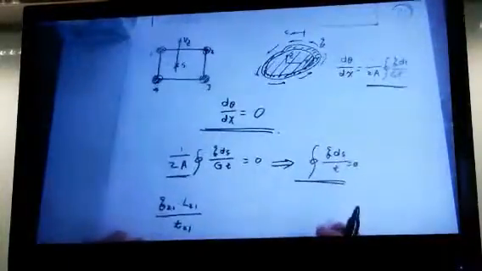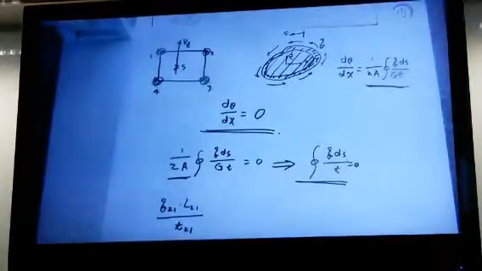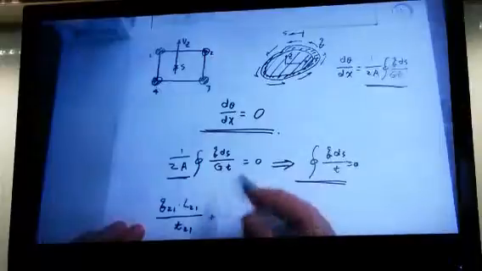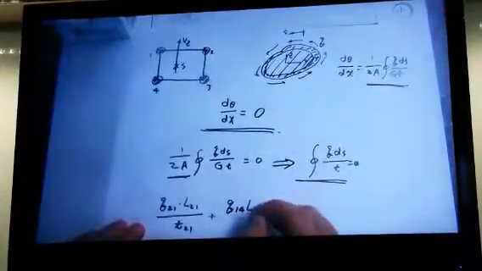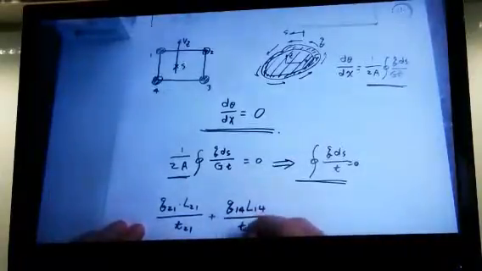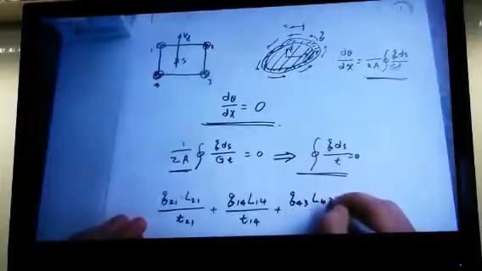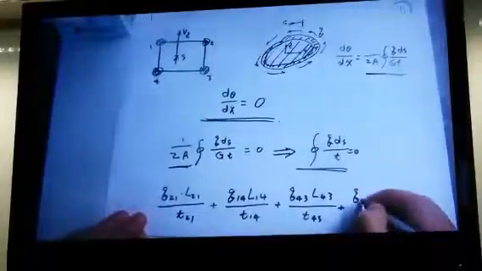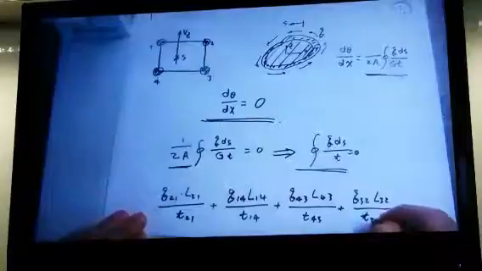This is the first edge from 2 to 1. And then the second: you have 4 terms because this is the integration along the hoop direction, 4 edges. Put them together: q14 L14/t14, and q43 L43/t43, and q32 L32/t32.